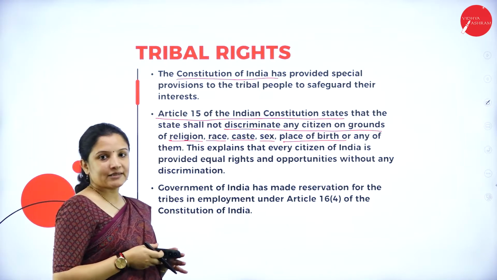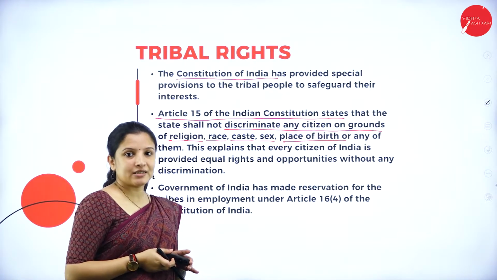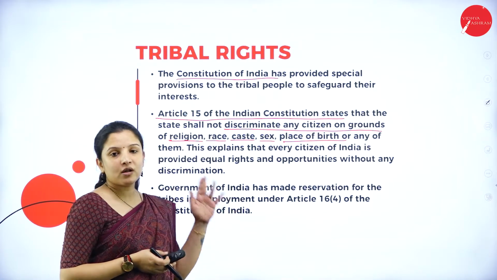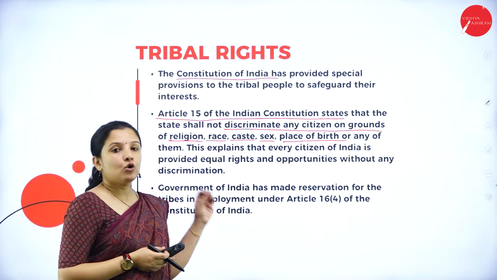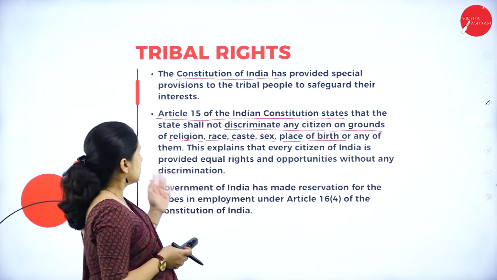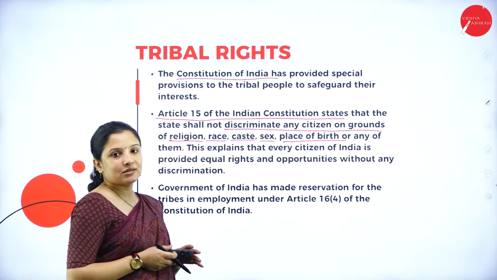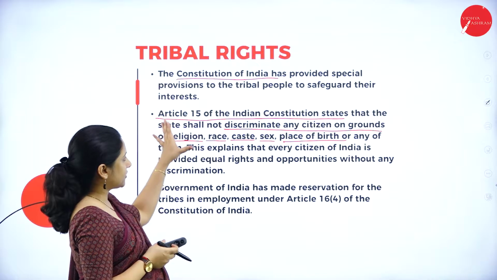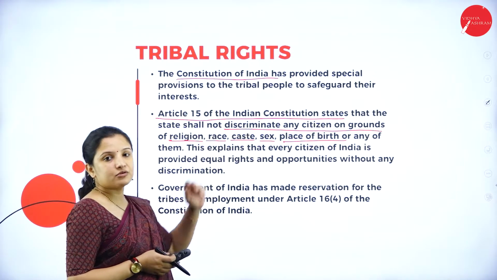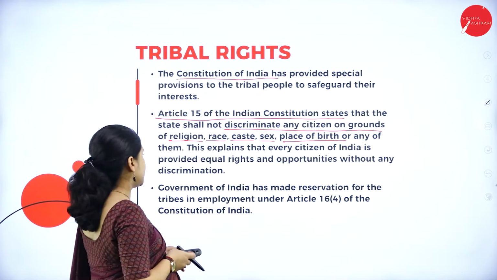So this explains that every citizen in India is treated equally and has to be given equal rights and opportunities, no matter what religion, caste or background they belong to. So Article 15 is one of the important articles which frames some rules and regulations for the tribal population.